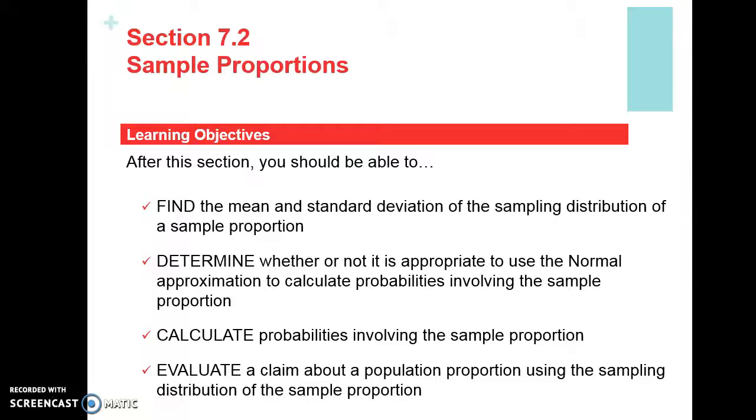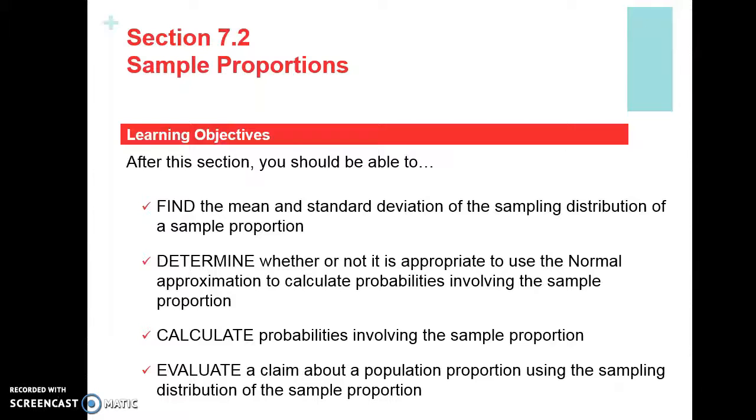And we want to calculate probabilities involving the sample proportion. And we want to be able to evaluate a claim about a population proportion using the sampling distribution of the sample proportion. Okay, I know that doesn't sound that clear right now, but by the end of the lesson, you should be able to do all of these things. And I will clarify all of them as we go throughout the lesson.